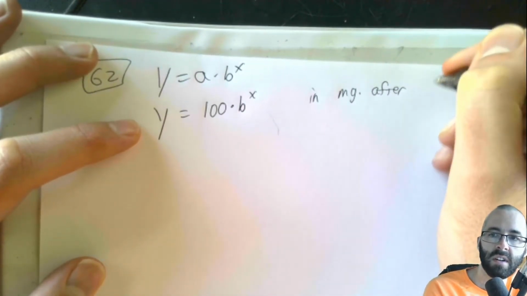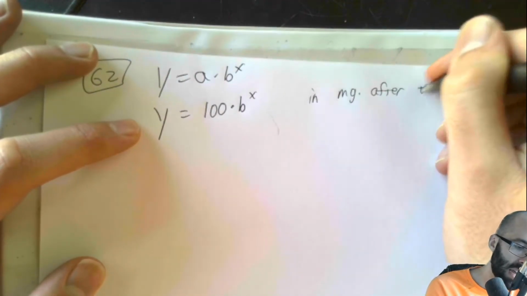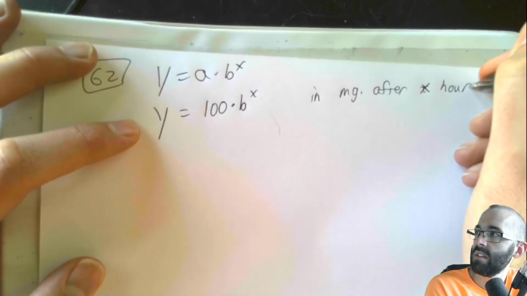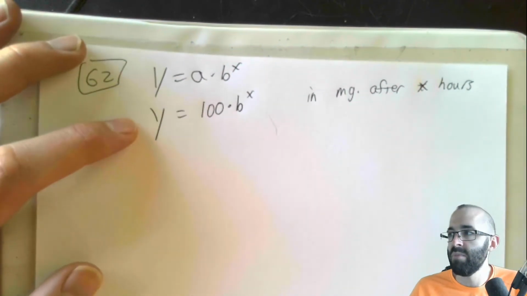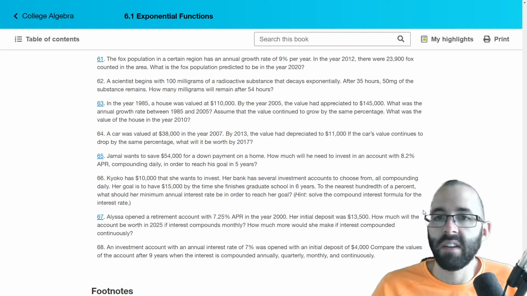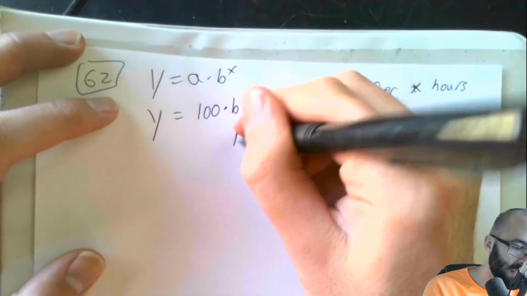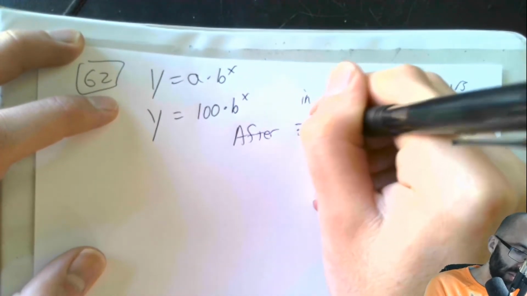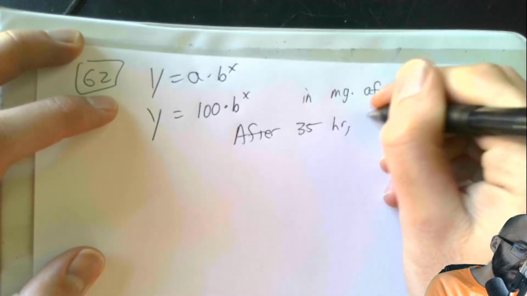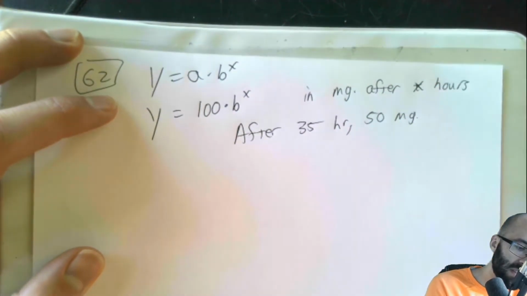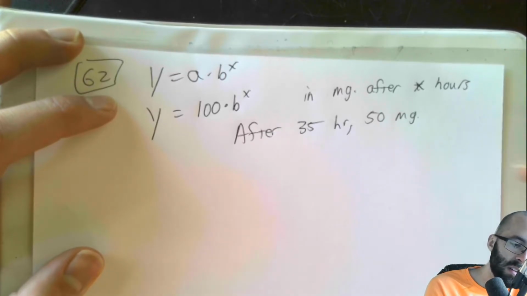After x hours. We don't know our decay rate, but we can find it, right? It says after 35 hours, we had 50 milligrams. Let's write that down. We need to incorporate that to find out what b is.